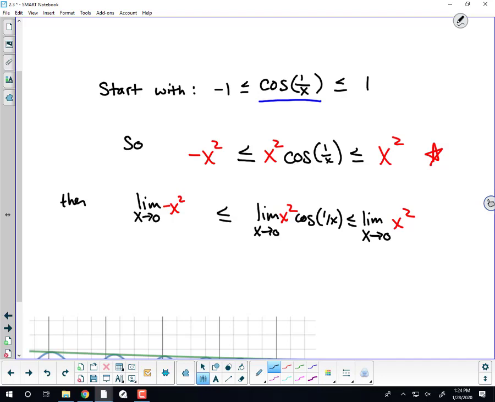We're just ignoring that limit in the middle because it's difficult to work with. The limit as x approaches 0 on negative x squared is what? 0. So this limit is 0. We've left this thing alone, so we're just going to rewrite it.